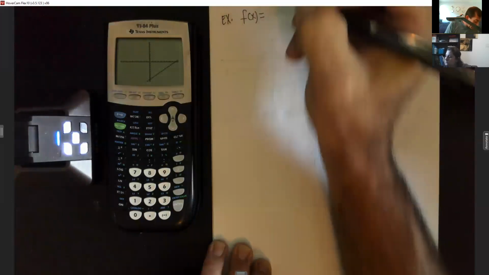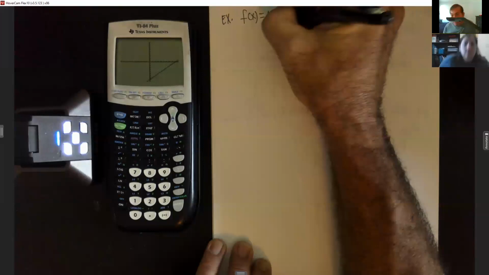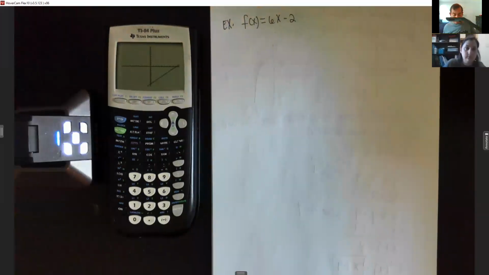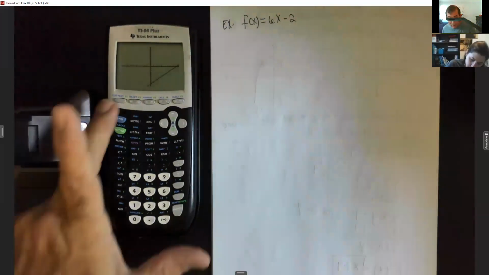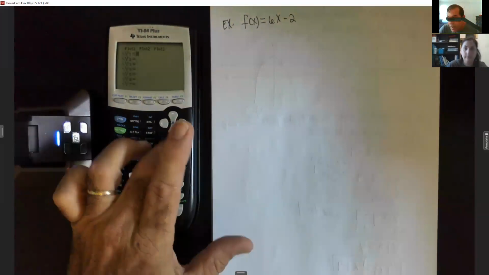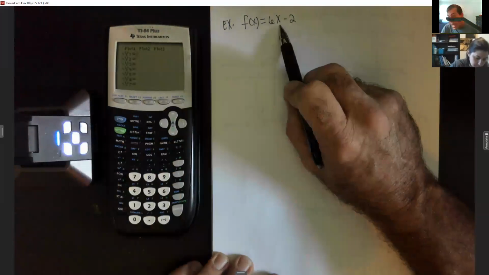So I'm going to do this one really similar to that. This one's going to be f of x equals 6x minus 2. So y'all, let's go to y equals and let's draw this and see what it does. But y'all, we know anything with a single x like that is going to be a straight line when you draw it.